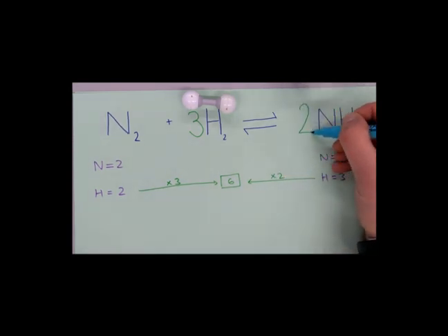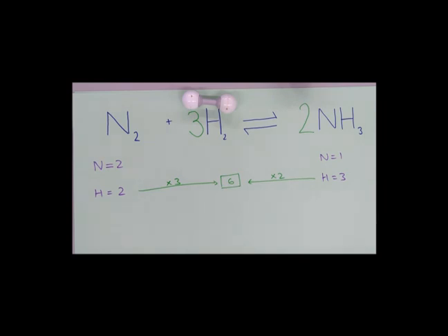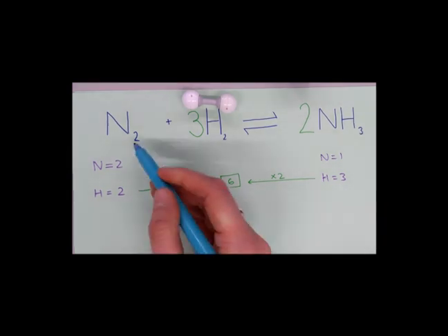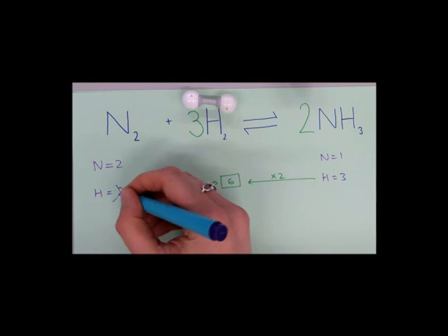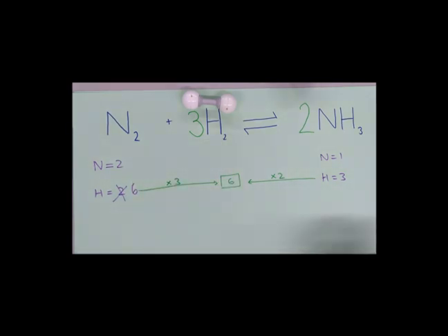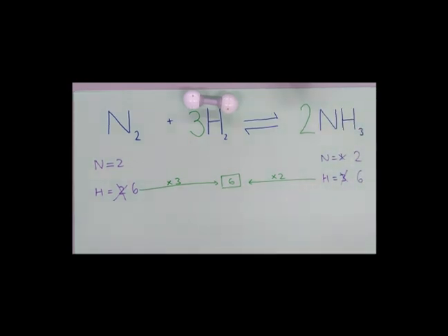So that 2 goes there. And then my fifth step was to repeat it, starting with counting. So I've still got 2 nitrogen here. I've now got 6 hydrogen here. I've now got 2 nitrogen here. And I've got 6 hydrogen here. So that entire equation is balanced.